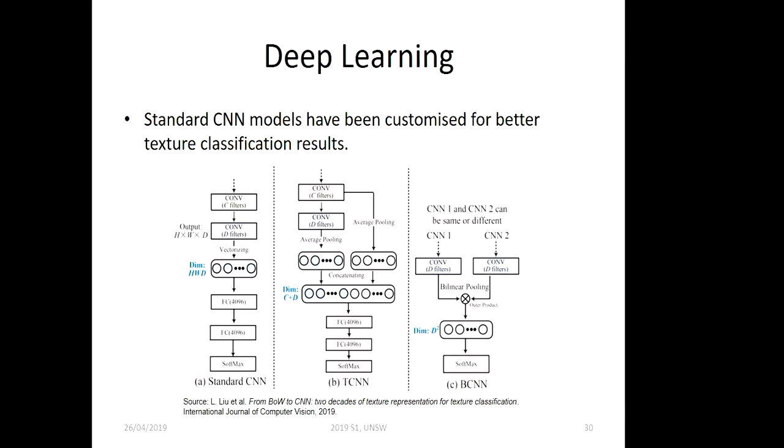The texture classification problem would not really work well with very standard convolutional neural networks. So if you just use convolutional neural networks, it gives you much lower performance than using the feature vector with SVM approach. So there are some other people trying to use convolutional neural networks, and then they develop, for example, TCNN and BCNN architectures.